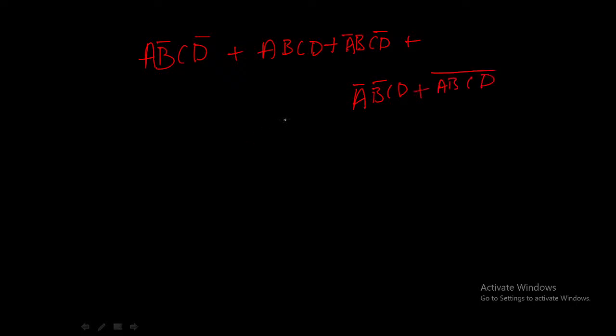Like this, if we have some Boolean expression, not a b c d whole bar, let's say a b c c bar d, what we can do is take the terms common, do some simplification, and apply De Morgan's law or something, and try to simplify this particular Boolean expression.